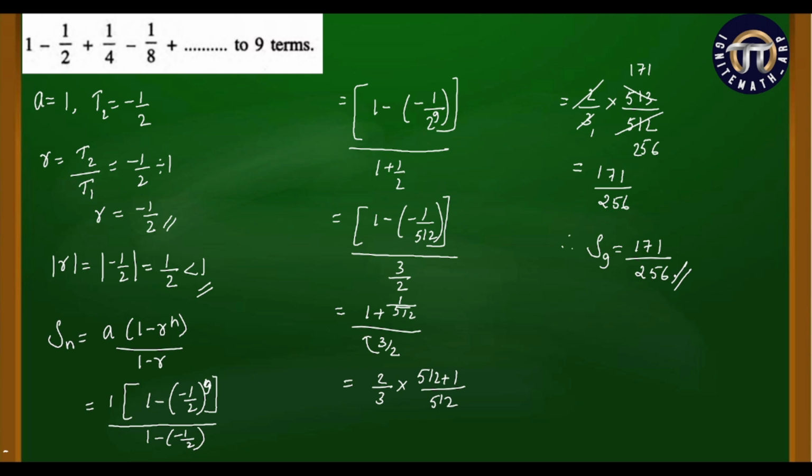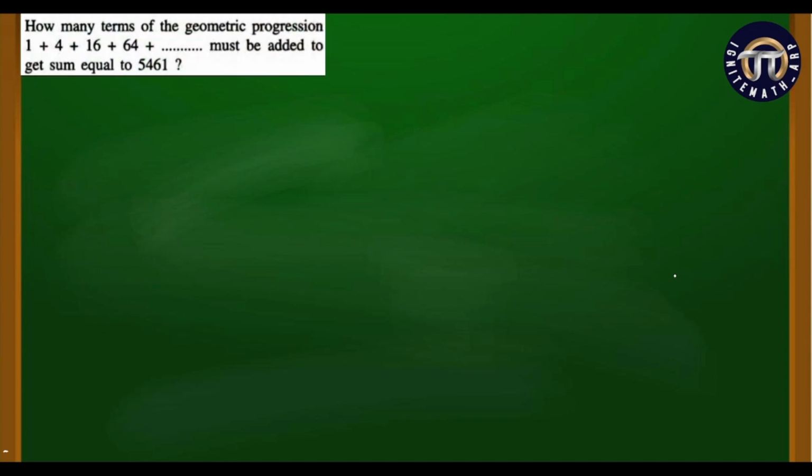Now let us go ahead with the next question. See, how many terms of the geometric progression 1, 4, 16, 64 must be added to get the sum equal to 5461. So here, what is the data you must understand, children? A is given to you, A is equal to 1, then T2 is equal to 4. I am going to find out R. R is how much?